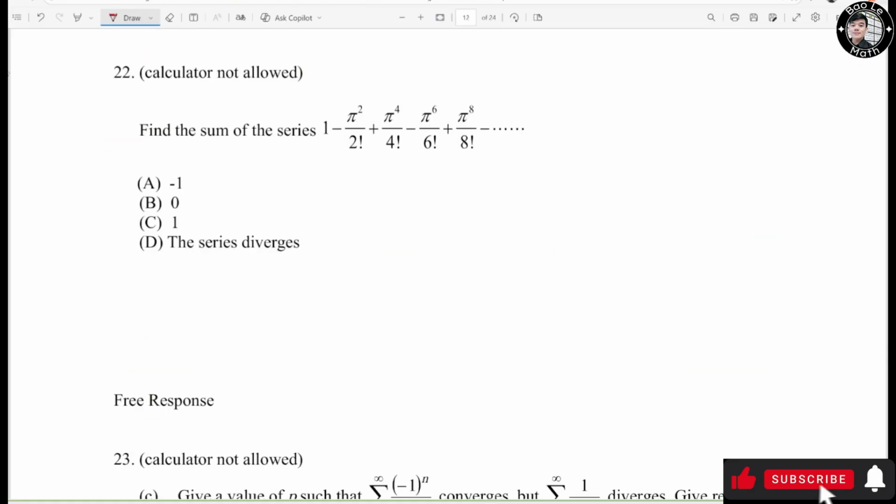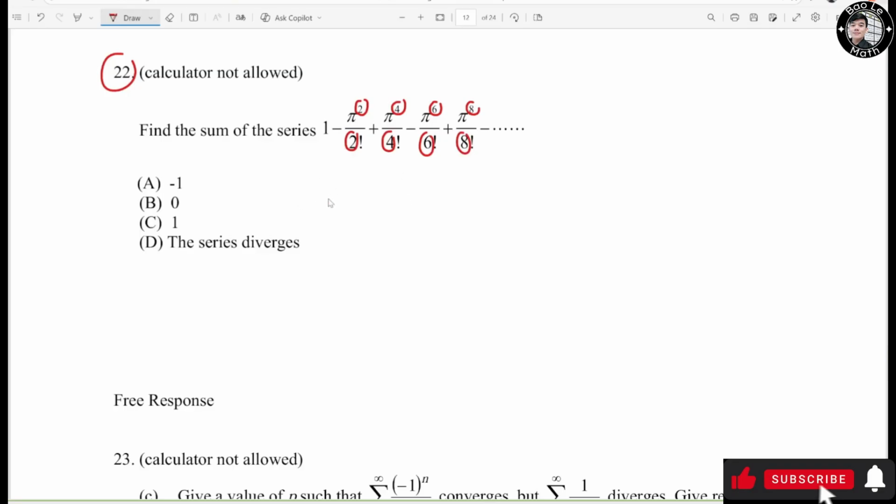Now let's move on to question 22. Find the sum of the series right here. Alright, so observe that the powers right here are even, right? The factorials right here are also even. Think about the Taylor series of cosine, right?